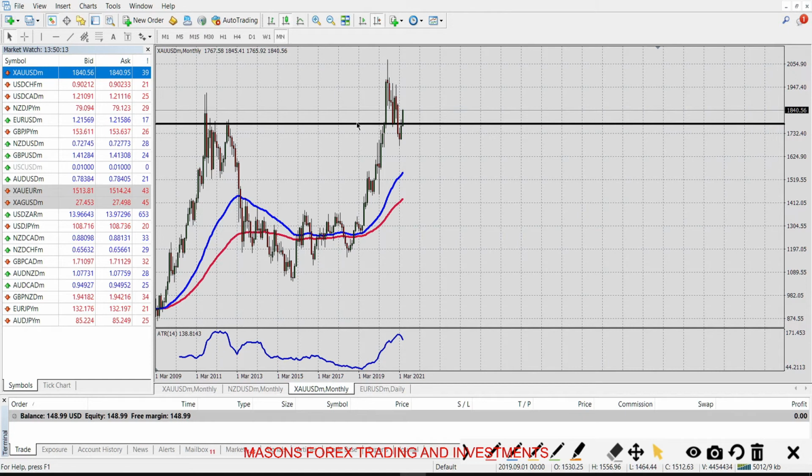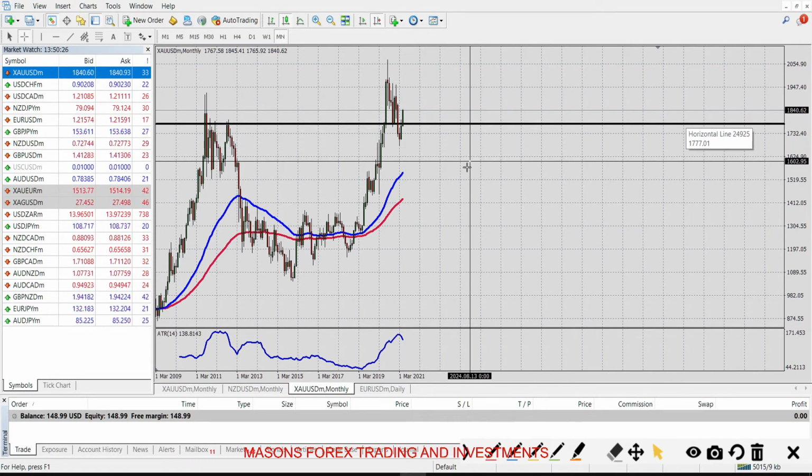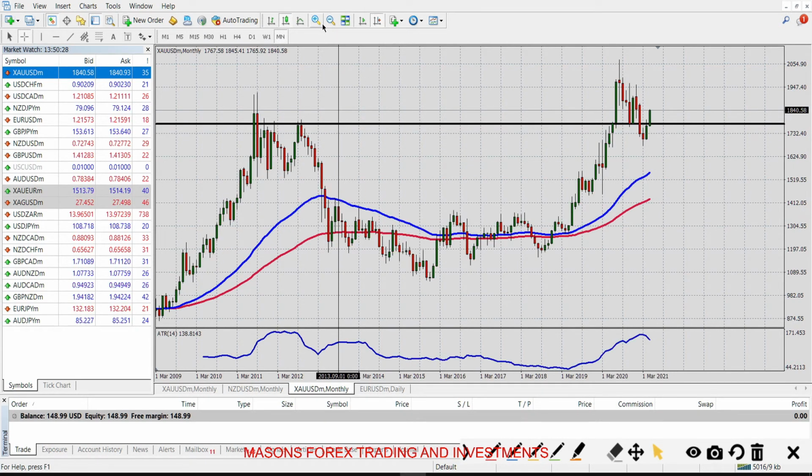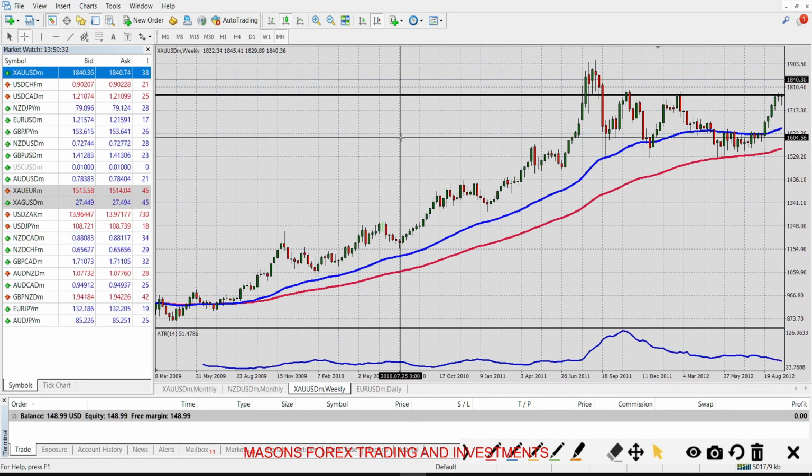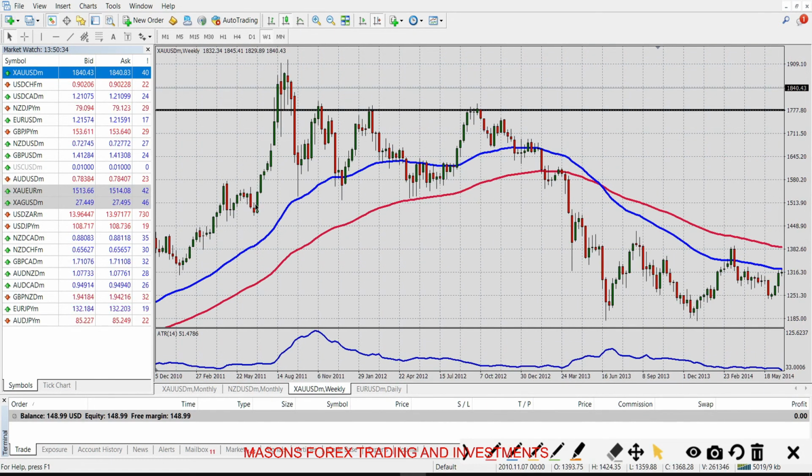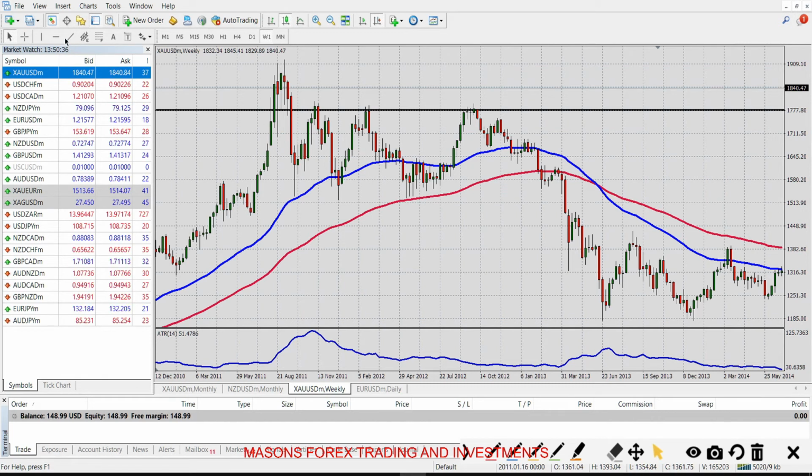So we found one significant line or area, which is this line, which was approximately 1778.27. We go to our weekly chart. Again, we can look for another significant area.